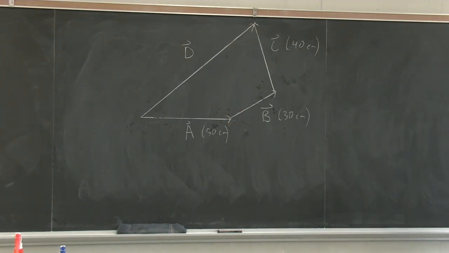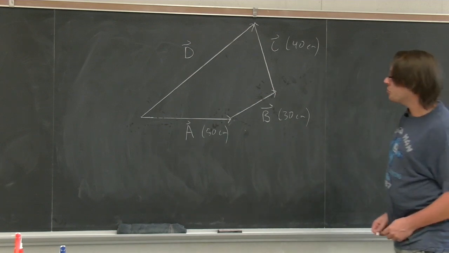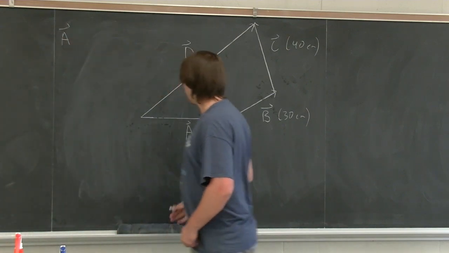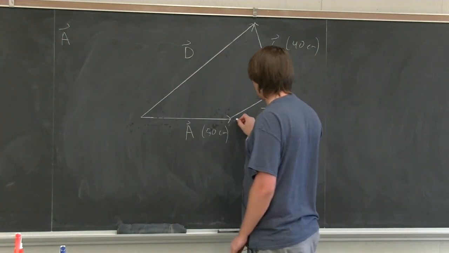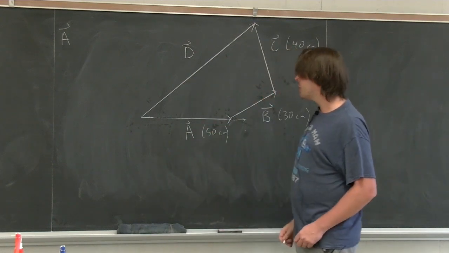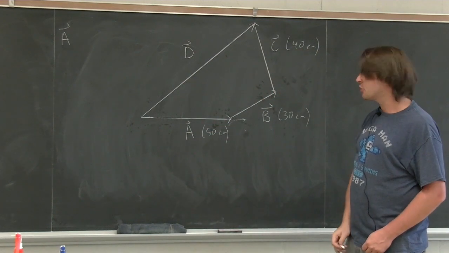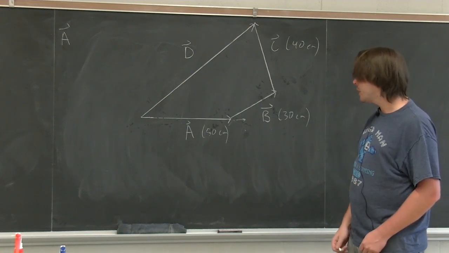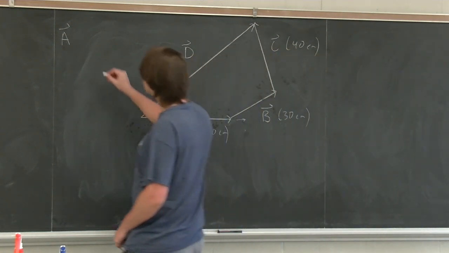Okay, so what we do is we find the components for all of the vectors. So let's do A first. Now, if the x-axis is, as usual, in the horizontal direction, then we can see that A is entirely horizontal. So it has an x component of 50 centimeters, I'm just going to write 50, and a y component of 0.